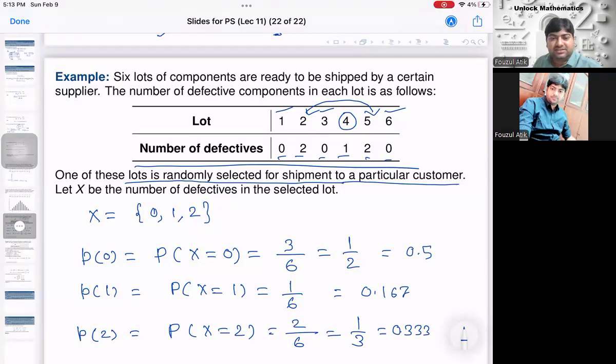So what then is the probability mass function? The probability mass function is a function from the real numbers to the closed interval 0 to 1. For the real numbers 0, 1 and 2, it has some positive values, and for all other real numbers the values are 0.